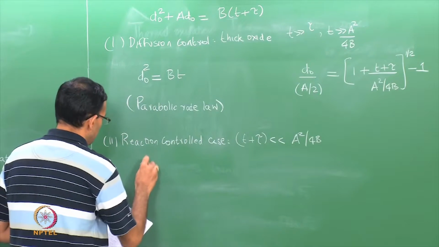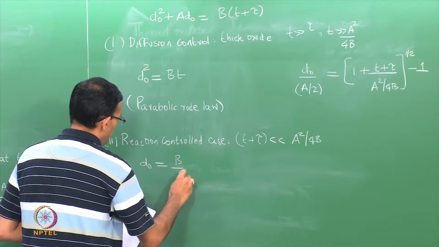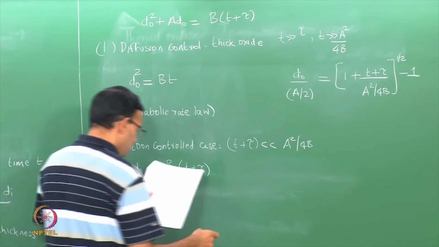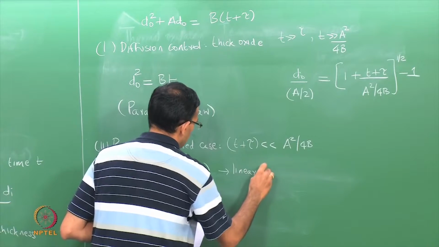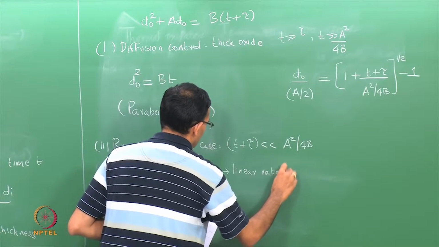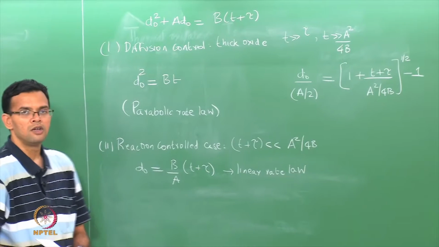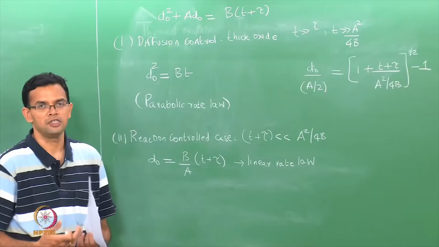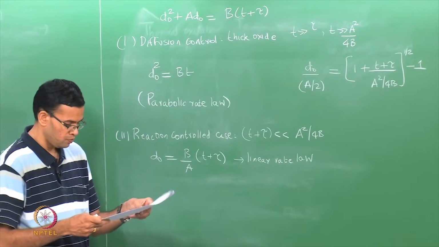So, the final expression is d naught equal to B over A times T plus tau, which is a linear rate law. So, based upon these equations, the conclusion is that as you have a thicker oxide layer, it takes more time to grow.